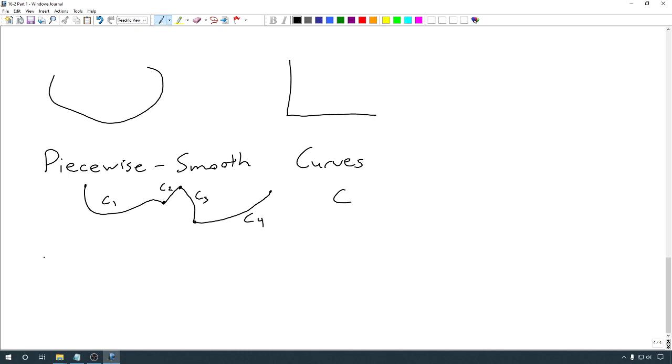And then if we do that, the line integral of some function, I'm just going to write little f instead of f of x, y or f of x, y, z, because it's going to be the same formula regardless of dimension, we can just do the integral over each piece separately and add the results together.